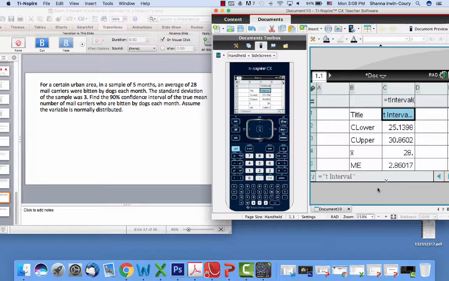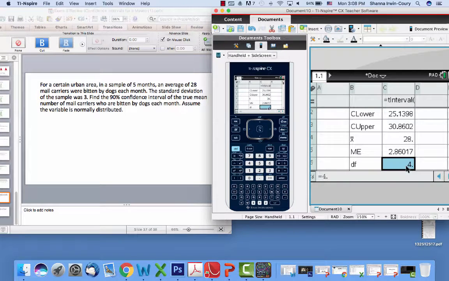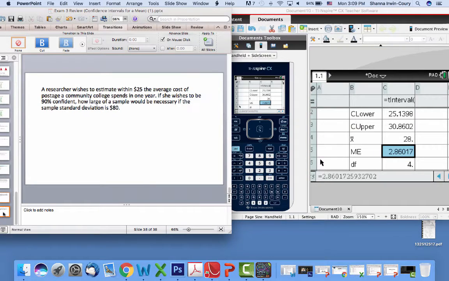So now I am 90% confident that the true average number of mail carriers bitten by dogs each month is between 25.14 and 30.86. Note that is a 5.73 range, and so 2.86 in either direction. So that's the margin of error. The margin of error is the t-score times the standard deviation divided by root n. Always.